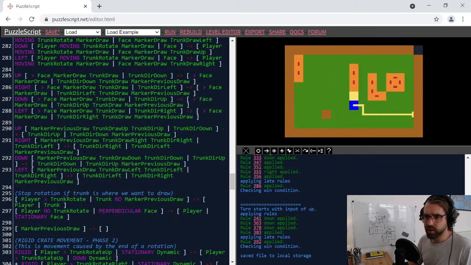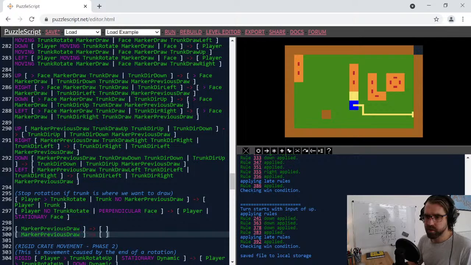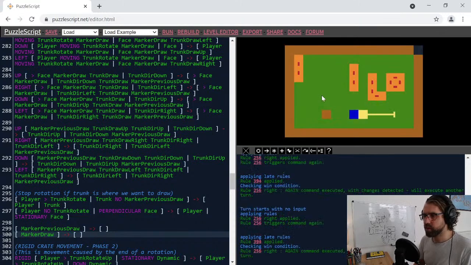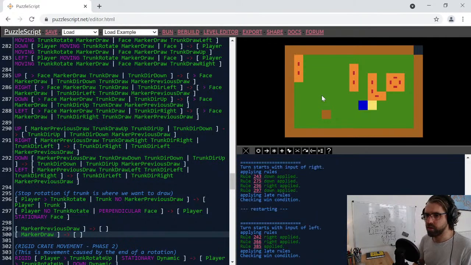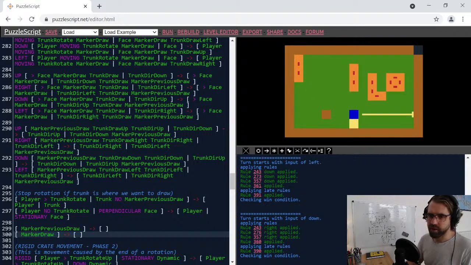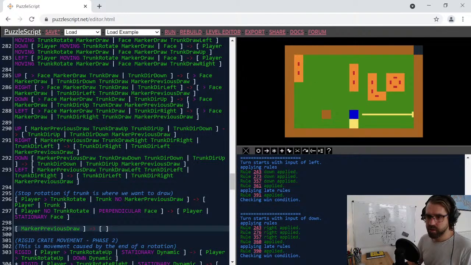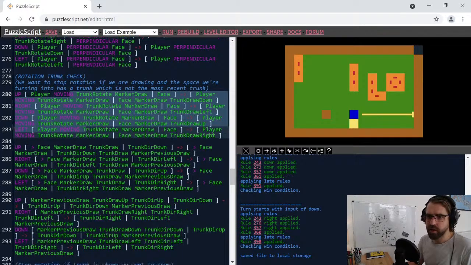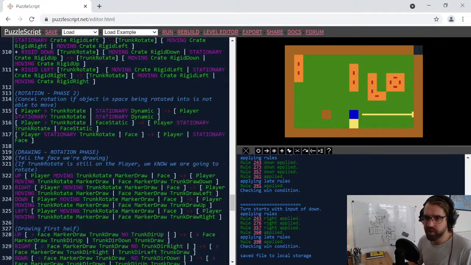I guess I should get rid of the marker draws as well. Oh, that might be the problem. Is that the problem? Oh no. Don't get rid of the marker draws. Right, I copied that from below, and I was thinking maybe I don't need to keep that down here anymore. I do, because this depends on it.